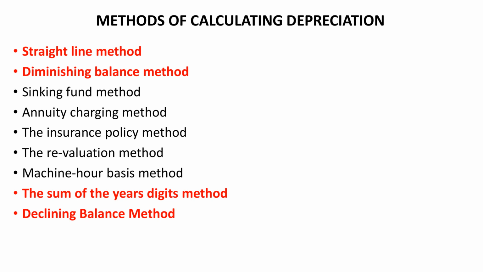Out of these, the straight line method, diminishing balance method, sum of years digit method, and declining balance method are the most commonly used methods to calculate the amount of depreciation for any equipment.